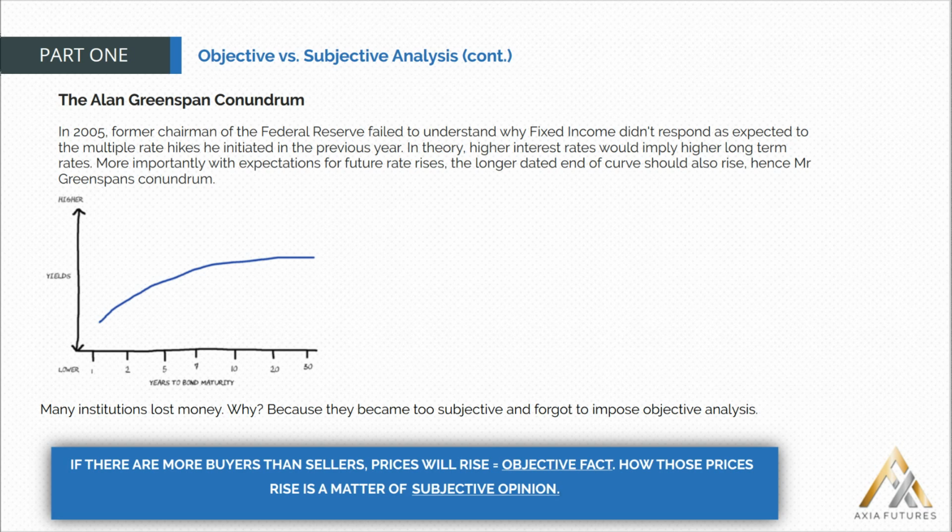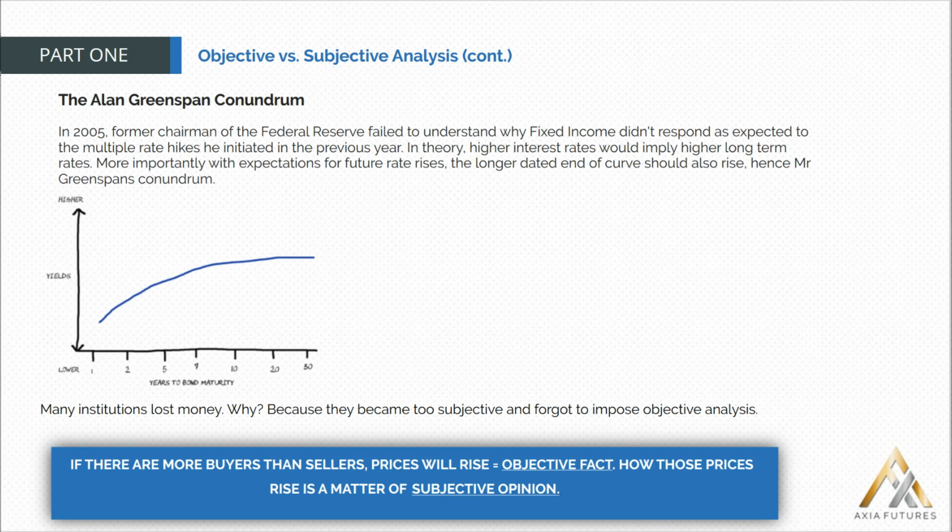Why? Because we have rate expectations in the future going up. So this would imply we should have a steepening of the curve, or a higher end of the curve. What actually occurred, and what we'll see a little bit later on, is that the curve actually went the opposite direction. And that was the conundrum.